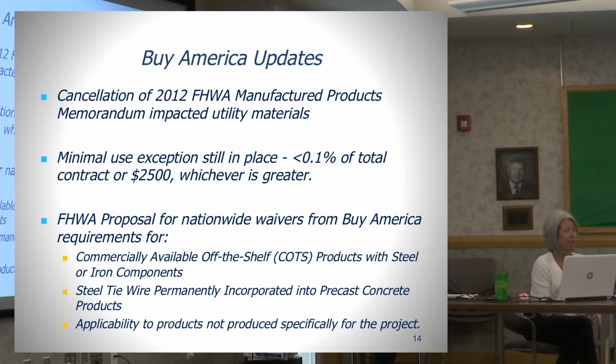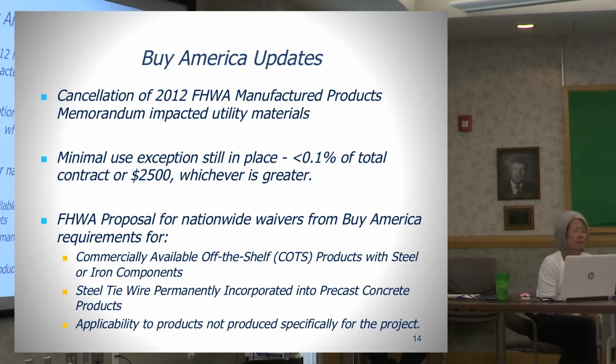So for the time being, that interpretation is not acceptable. We had gone through and looked at the different utilities and their materials and tried to give some guidance on the kinds of things that were absolutely subject to Buy America and the kinds of things that met the criteria of the clarification memorandum. I think we've stripped those out of everything. It's out of the manual, it's out of CEMT training, it's out of everything.